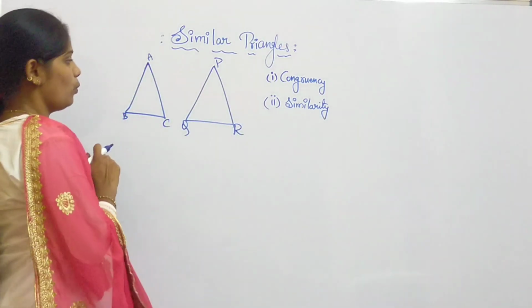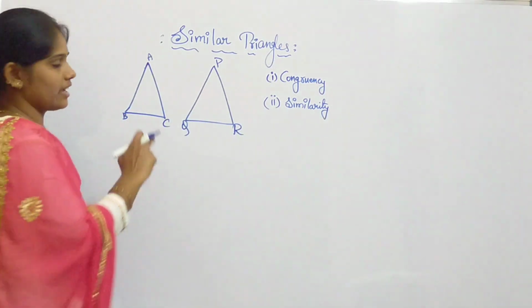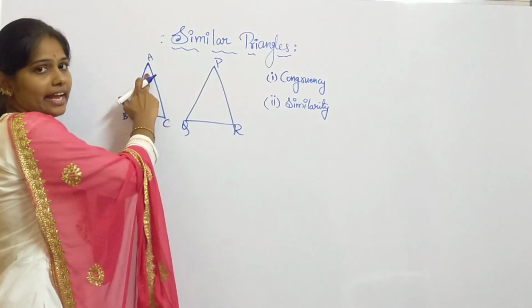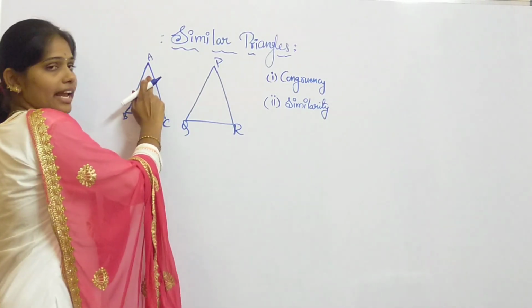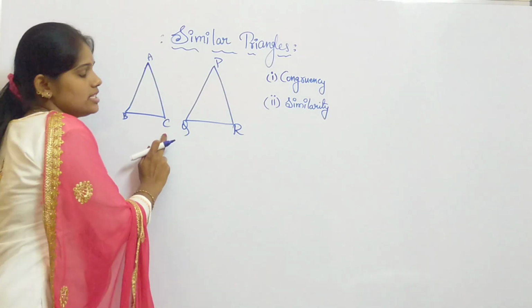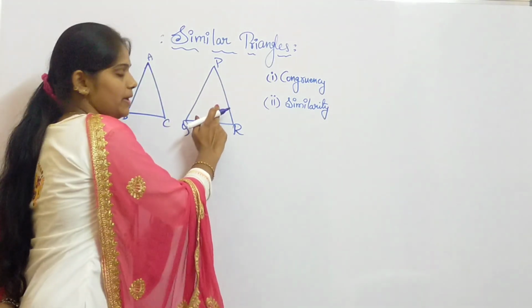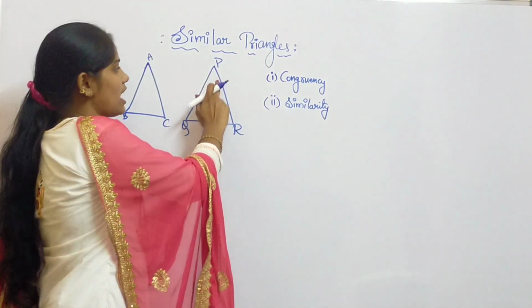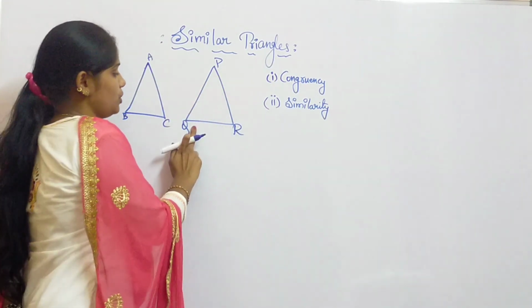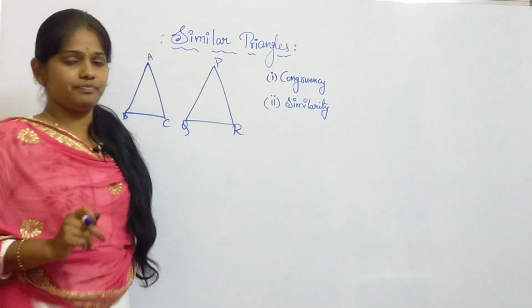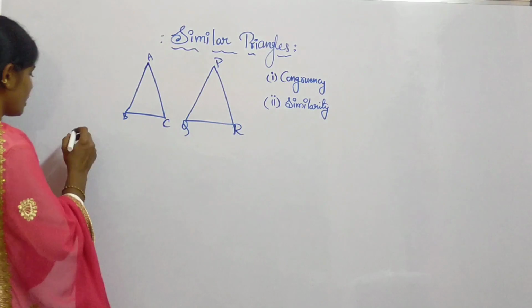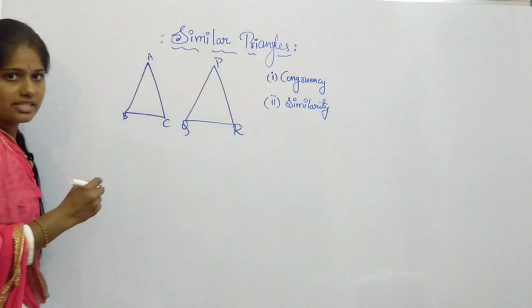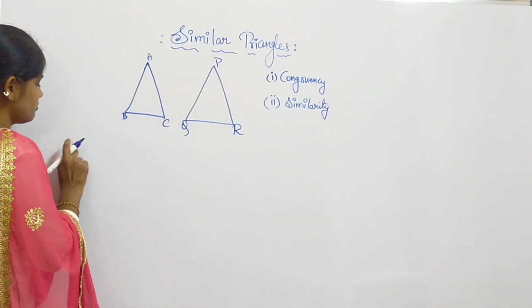Okay. Now, the corresponding angles of triangle ABC are angle A, angle B and angle C. When it comes to triangle PQR, its corresponding angles are angle P, angle Q and angle R. So here let us have an example.